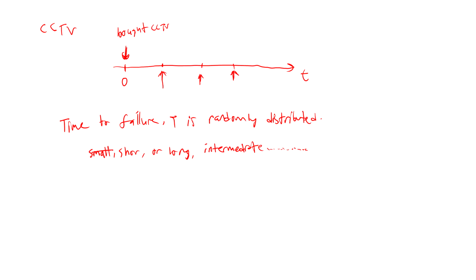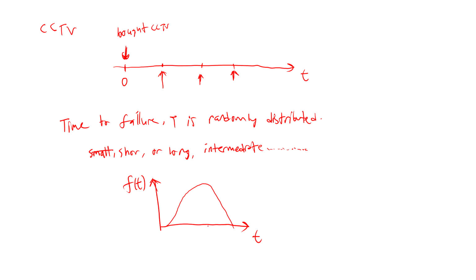Let the y-axis be the likelihood, or the probability, and the x-axis be t. For the sake of this example, let's say the distribution of the time to failure is a normal distribution. So we draw the normal distribution.